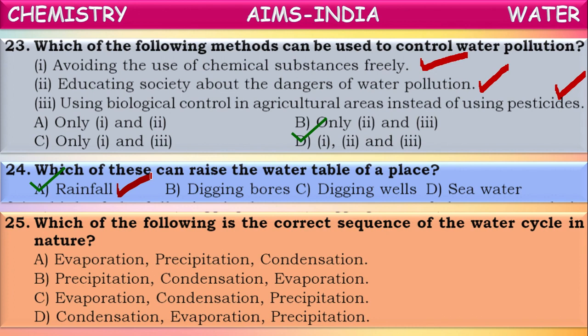Again this rainwater reaches the water bodies like oceans and rivers, and again it starts evaporation. So what is the sequence here? The correct sequence is: first water evaporates, then condensation, and next precipitation. Here it is mentioned. Water evaporates from the water bodies, and this water vapor converts into clouds because of condensation. These clouds start converting into rain because of precipitation. There is a sequence of processes in the water cycle.